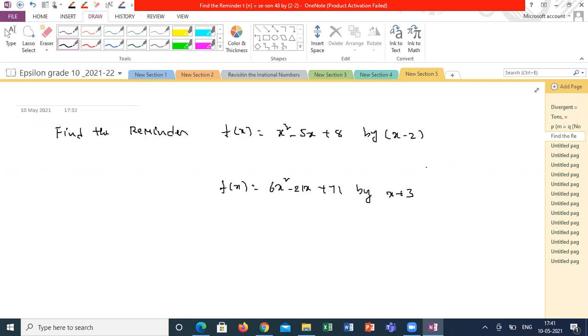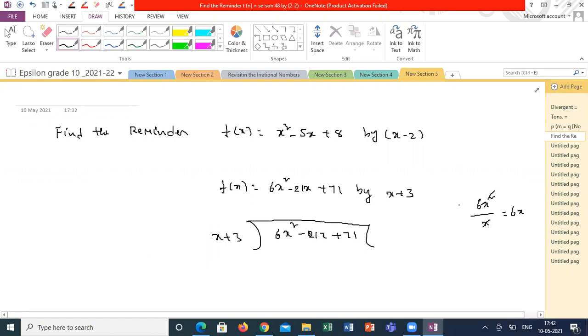Yes. So anyone, I am trying with the long division method. 6x square minus 21x plus 71, dividing by x plus 3. So what will I get here? First I am using 6x square by x, this is 6x. This is 6x square plus 18x.